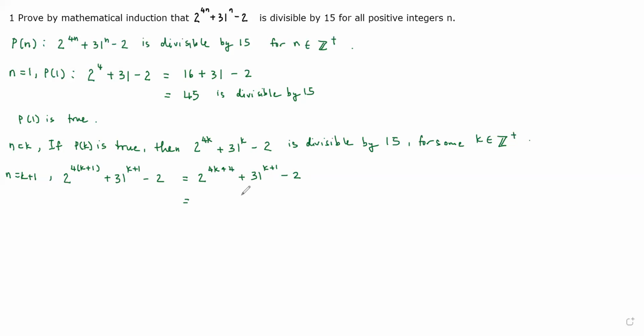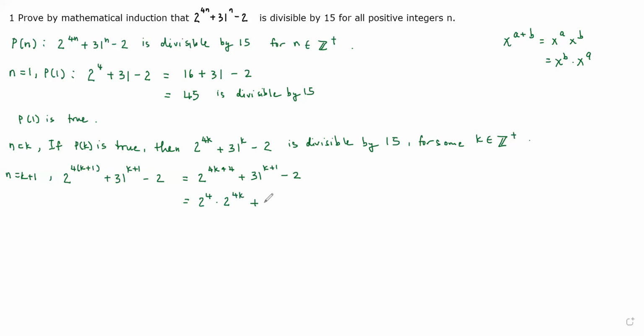Now, from the law of exponents, we know that x to the a plus b is x to the a times x to the b, or we can just write this as x to the b times x to the a. It matters not the order. Then we have 2 to the 4 and 2 to the 4k.